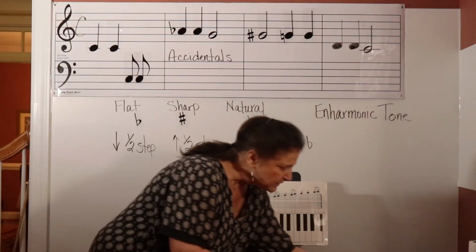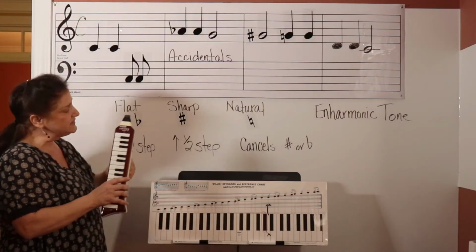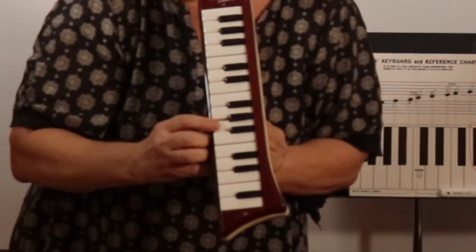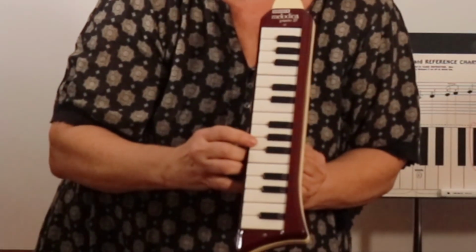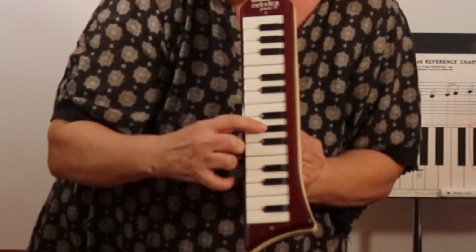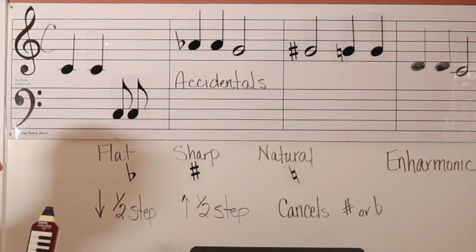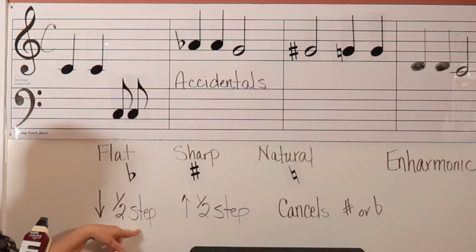So if I play an A and then an A flat, this is the A first, and then I put a flat sign next to it, it's going to lower it a half step to this. So that we call a flat. It lowers it a half step.